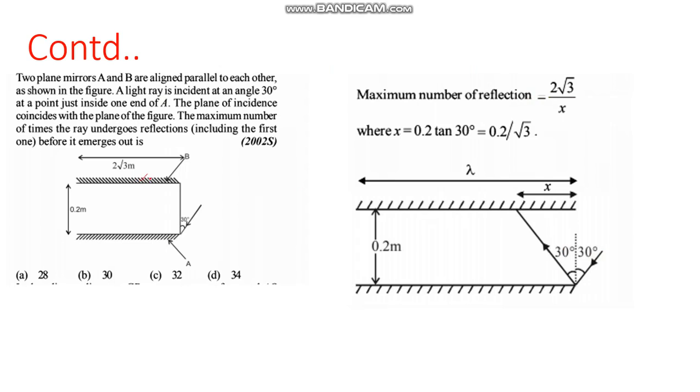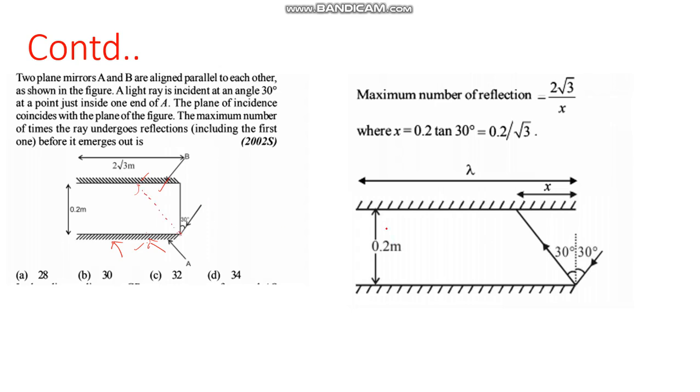This side is the silvered, reflecting part. This is mirror A and this is mirror B. So you have an incident ray; obviously the ray cannot come from the reflecting side, it has to come from this side only. It is coming at 30 degrees, so it will go at 30 degrees only, right?